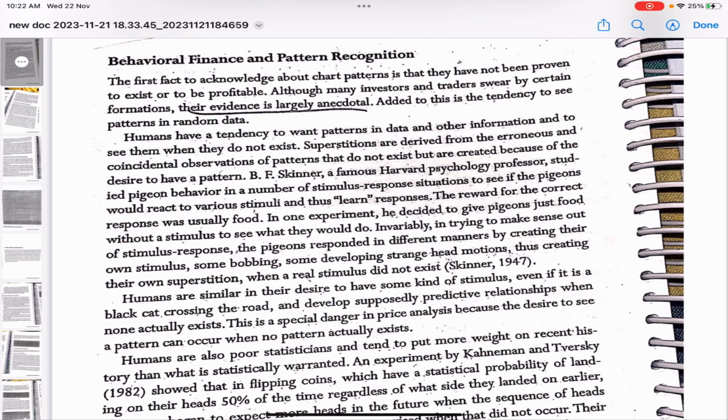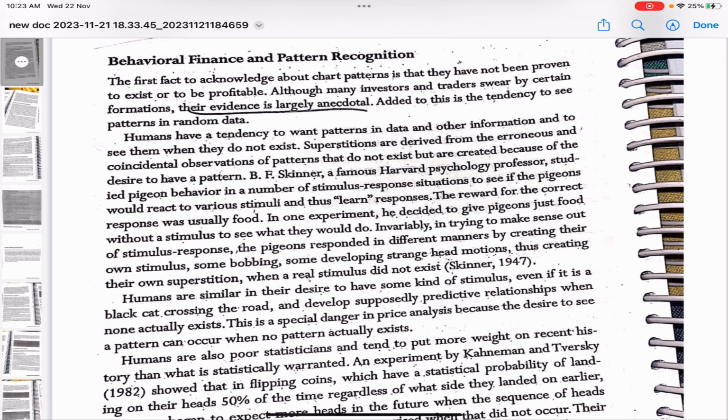Is it possible for me to do that on every single time frame, on every single stock or instrument, and on all the markets? It's not possible, right? That is the reason why they say it is not scientifically proven. All I can do is backtest one chart, but I can't really do that kind of backtesting, right?